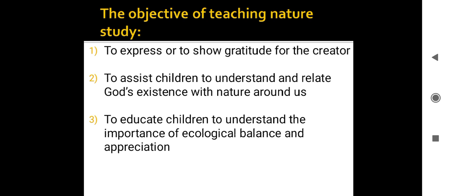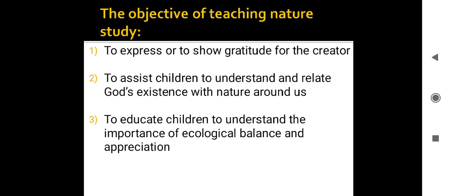So every creation must have a creator. So the evidence that God exists, that Allah subhanahu wa ta'ala is wujud, is by looking at nature. So nature is the evidence, because whenever Allah creates plants or animals, Allah also creates the way those animals live.